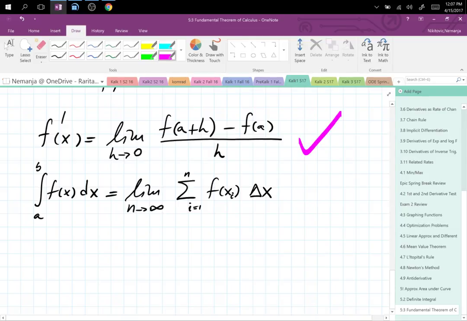The integral shows accumulation. So if I want to calculate how fast I'm going, I'll take a look at the derivative because it will show me instantaneous change. But if I want to see how far I went, that's accumulation, and it's going to be calculated through integral.